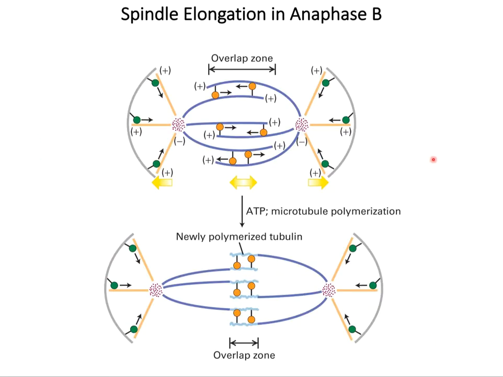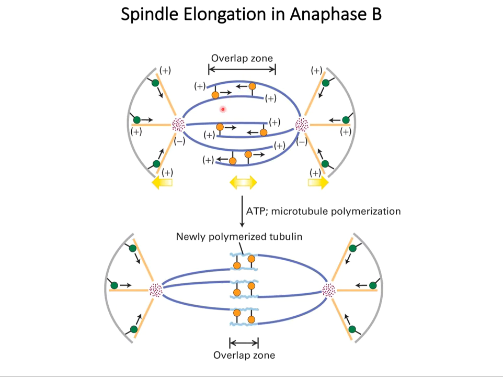Now, if we look more closely at how these polar microtubules and these astral microtubules are contributing to this elongation event during anaphase, you will see that it's all carried out by the action of microtubule motor proteins, the kinesins and the dyneins. So here in this overlap region of the polar microtubules, you have some kinesin.